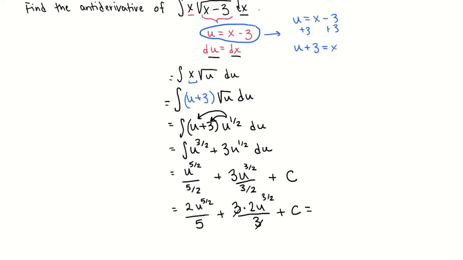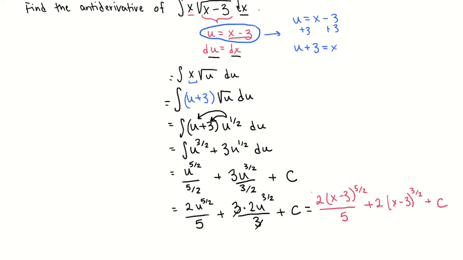And then we can resubstitute x minus 3 for u. So 2 times (x minus 3) to the 5/2 over 5 plus 2 times (x minus 3) to the 3/2, and then plus the constant c.